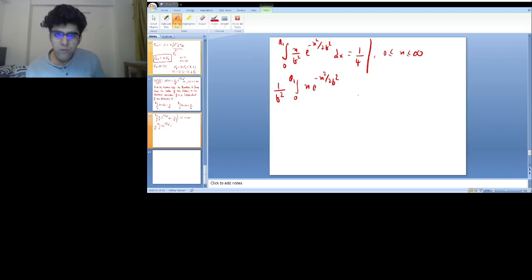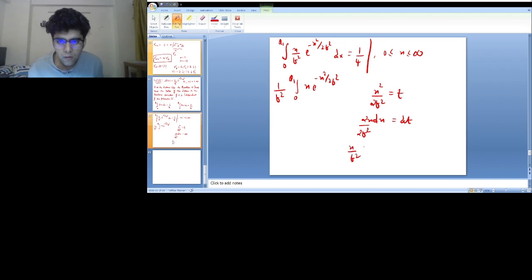What I can do is substitute: x square upon 2b square can be t. So 2x dx by 2b square is equal to dt, right? So this gives me x upon b square dx is equal to dt.